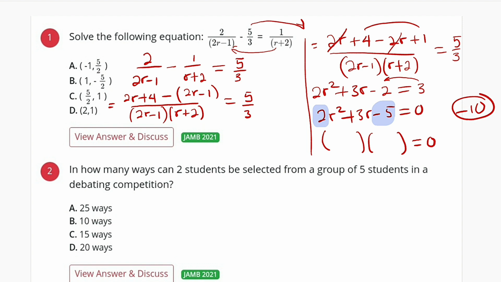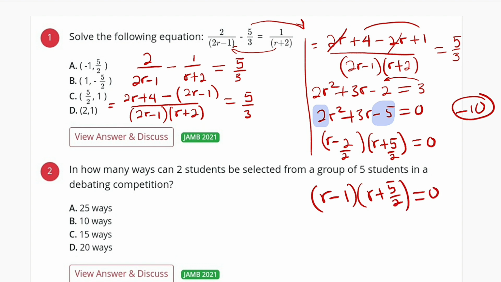So I think the numbers are negative 2 and positive 5, right? So r minus 2, then r plus 5. But remember, the leading coefficient is 2, so you have to divide these numbers by 2. Therefore, we have r minus 1, because 2 divided by 2 is 1, then multiplied by r plus 5 divided by 2.